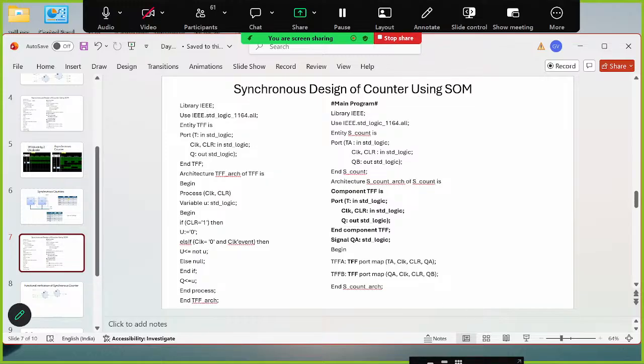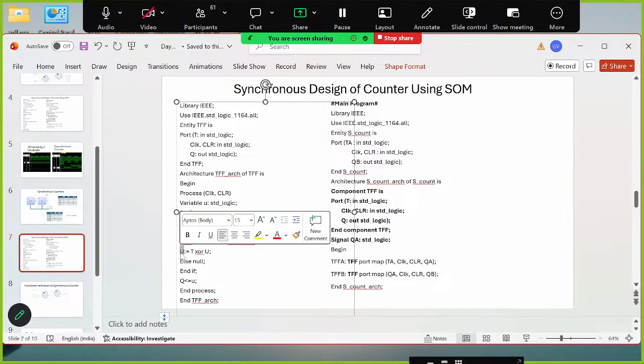If initially the output is 0, which I am storing in an intermediate variable u, then this intermediate variable will update its value depending upon the value at the input T XORed with the previous output. Previous output, so that will get the next output.